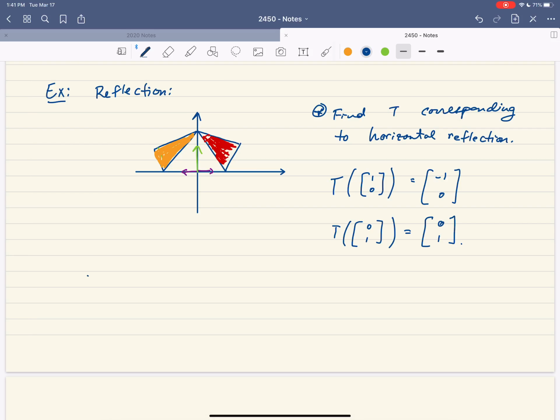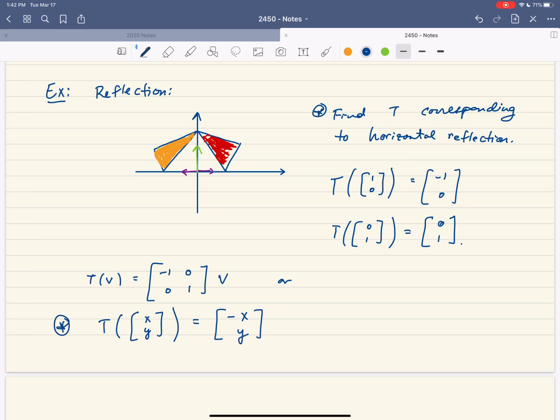And so it turns out that T of V is going to correspond to multiplication on the left by the matrix [-1, 0; 0, 1] times V. Or to say it another way, if you prefer to write this as a linear transformation without thinking about matrices explicitly, this is going to be (-x, y), right? And this actually makes really good sense from a reflection standpoint. All you're doing is taking your x values and making them negative. Your y values stay the same. So that's going to be the matrix transformation corresponding to reflection.